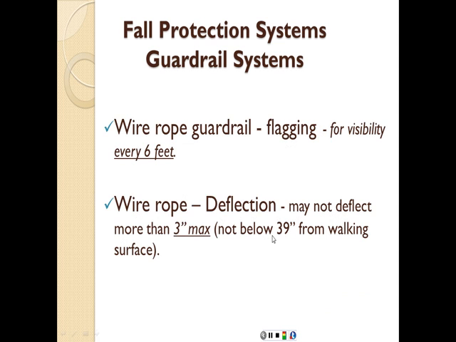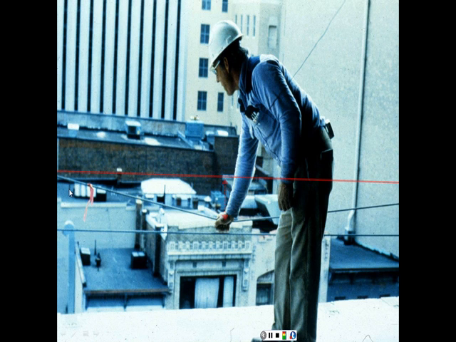So you're going to install it at 42 inches, and when you pull it down, it should not deflect more than 3 inches, so the bottom is going to be at the 39, satisfying the 42 plus or minus 3 inches requirement. So here, for example, we have a wire rope, but obviously that is more than 3 inches, and it's not properly flagged every 6 feet.